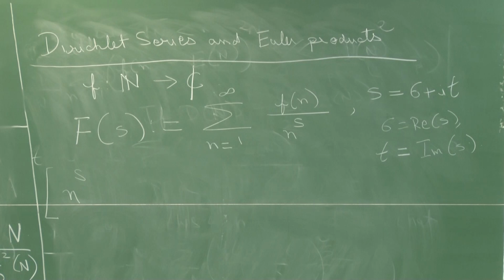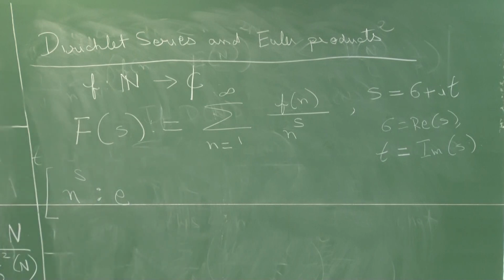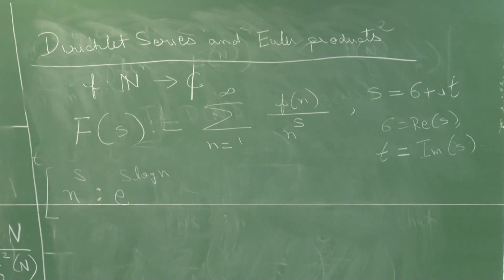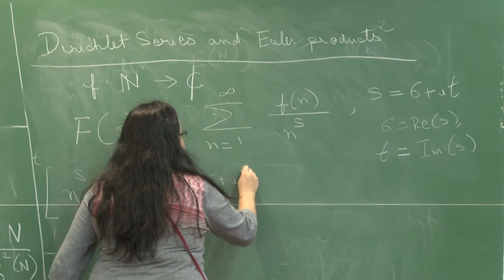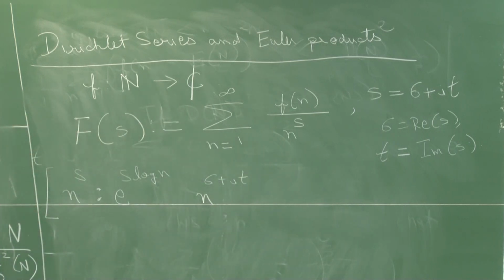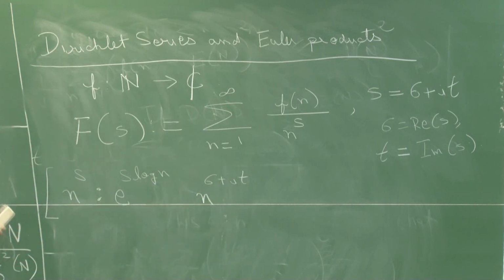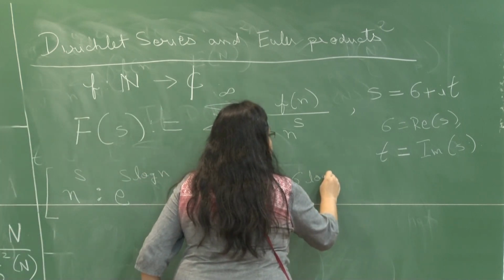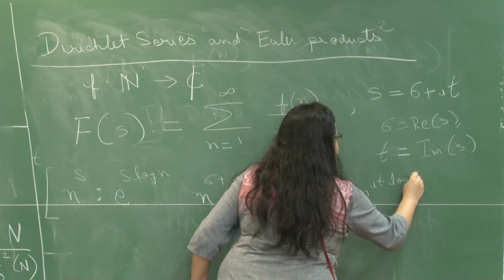By definition, it is e raised to the s log n, so exponential of this complex variable s log n, right? Okay, so when you have n raised to the sigma plus it, because of the fact that it can now be written as e raised to the (sigma plus it) log n, which turns out to be e raised to the sigma log n times e raised to the it log n.